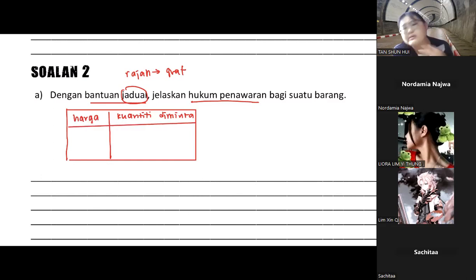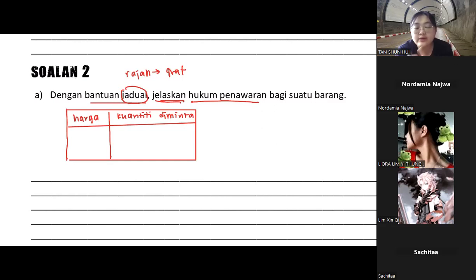You are always confused in the exam because they never give us space to draw. Draw on the line lah. Just draw on the line. Whenever they say bantuan jadual, bantuan graf, it means definitely you got to draw something. Of course, explain.